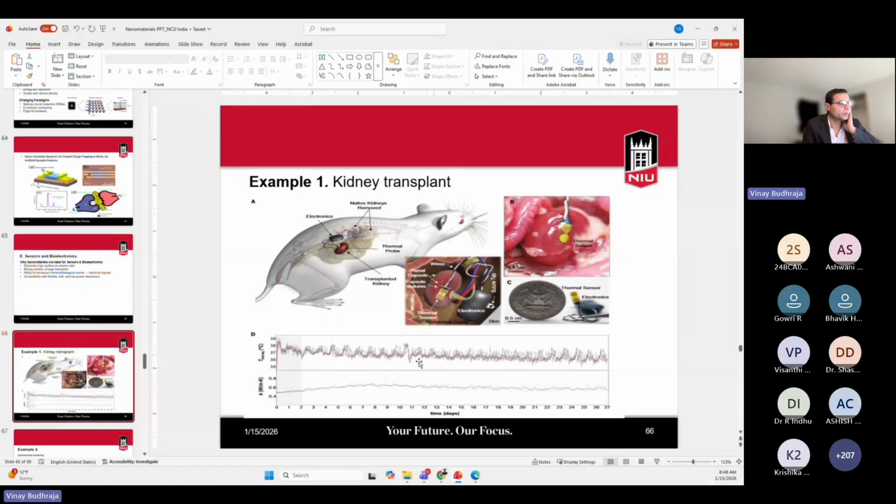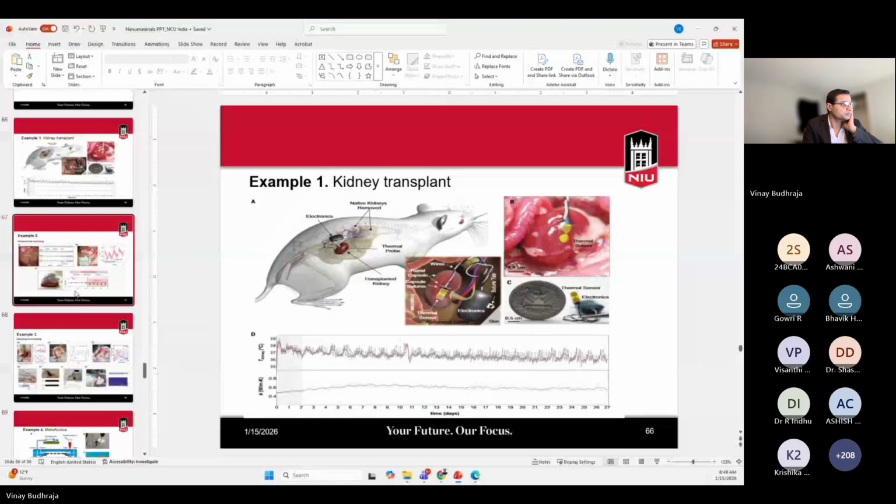The figure shows the temperature of the kidney with respect to time, giving variation in the graph, and that was compared with the main body temperature of the mice.